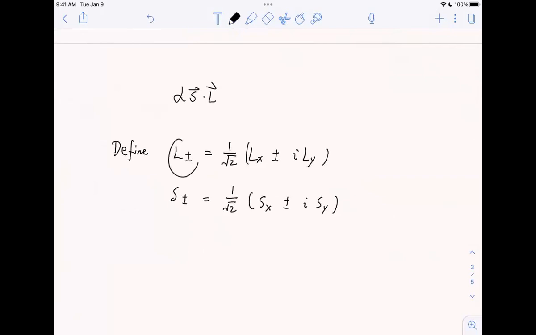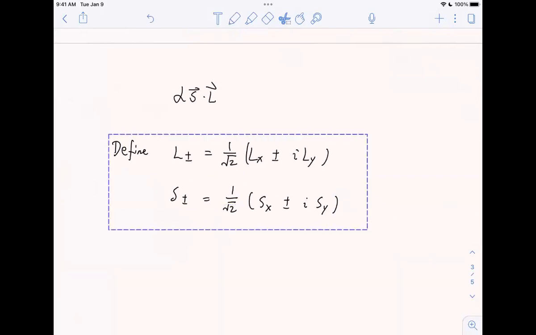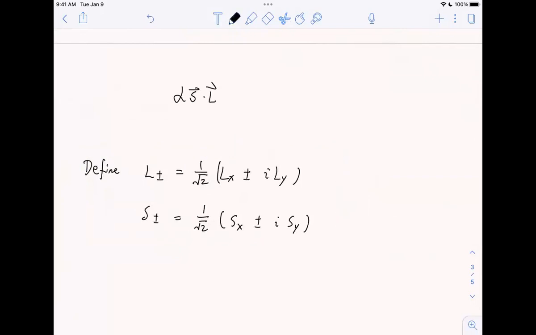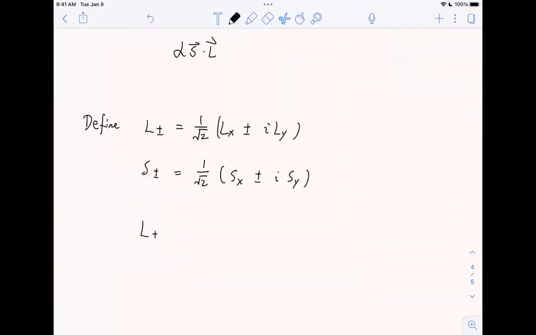So what this does is, you apply it on an eigenstate, let's say an eigenstate of m equal to 0. Then you'll get m plus or minus 1.